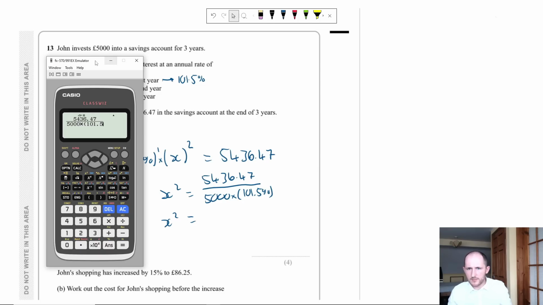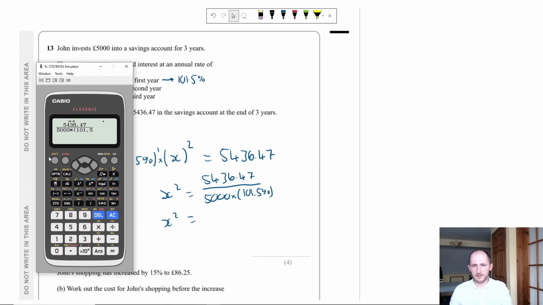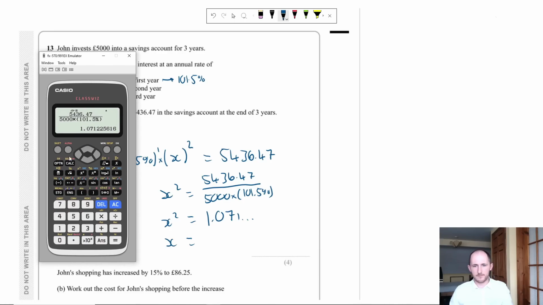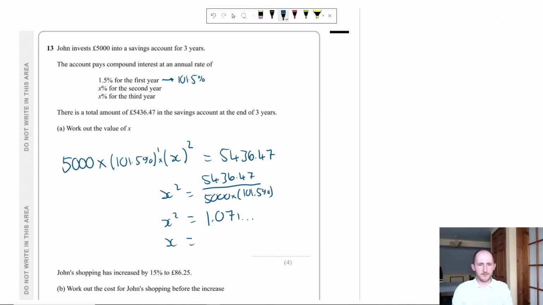Wait, is it 101.5? Yeah, it's 1.5%. That's good. Oh, paranoid for a second there. Which is 1.07 and so on. So then x is going to equal the square root of that, 1.035. So if I times that by 100, I'll get the percentage. So that would be 103.5%.